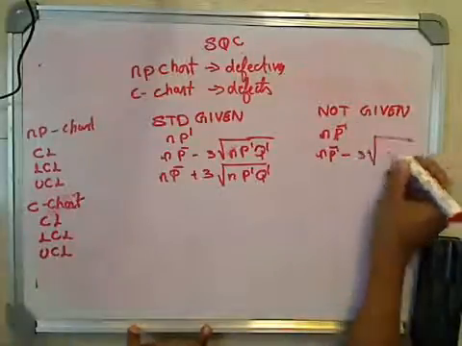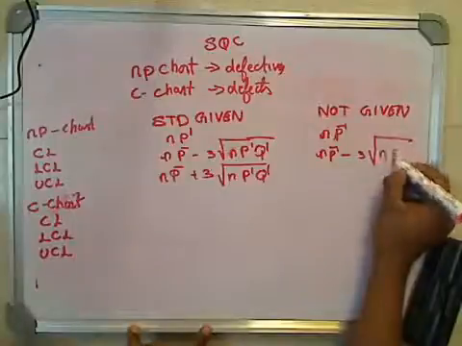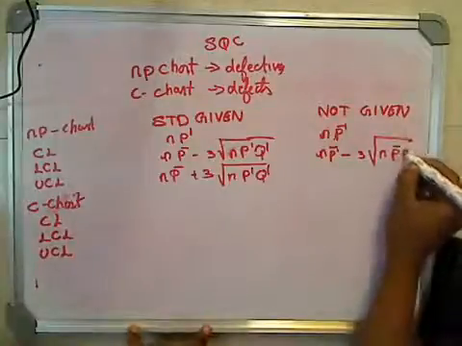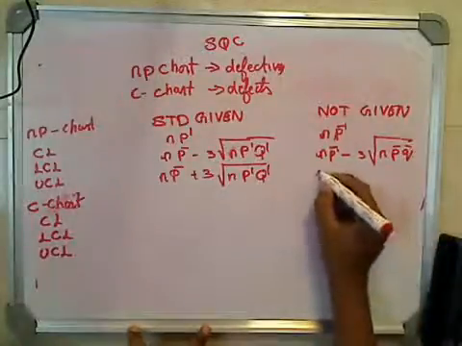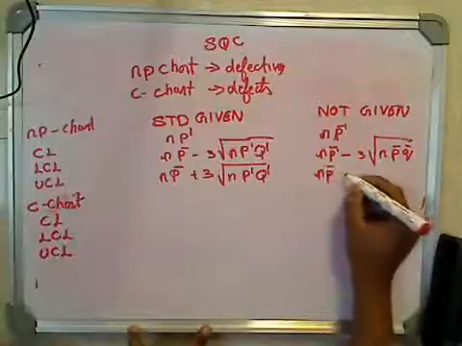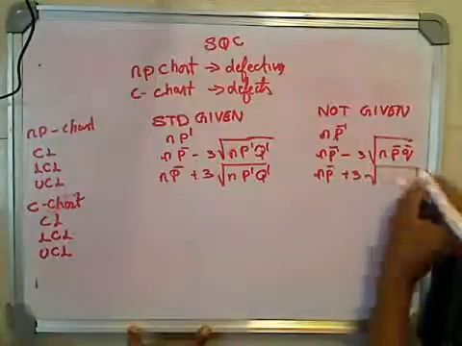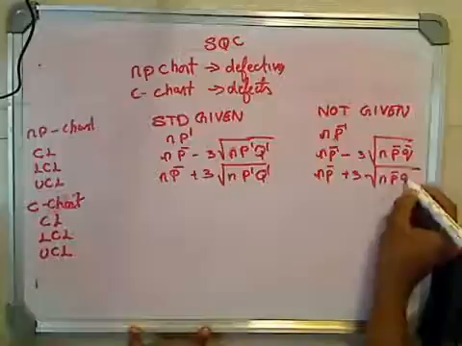P minus 3 square root of NPQ, and P plus 3 square root of NPQ.